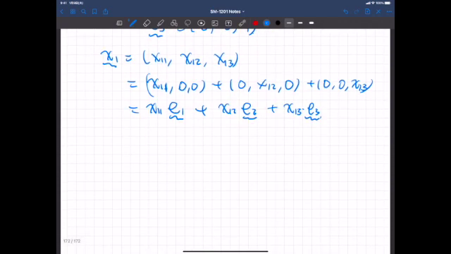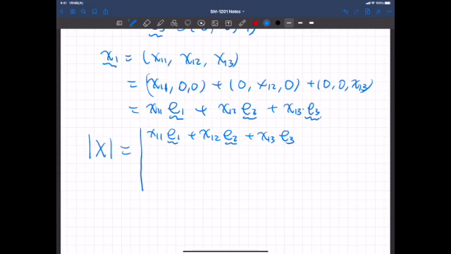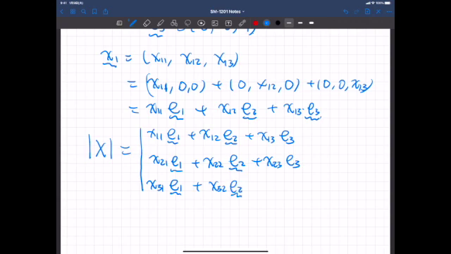Okay, so that means this determinant of X can be expressed with the first row as x11 e1, x12 e2, and x13 e3, and the second row x21 e1, x22 e2, x23 e3, and the third row x31 e1, x32 e2, x33 e3.